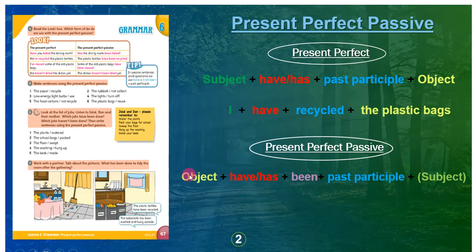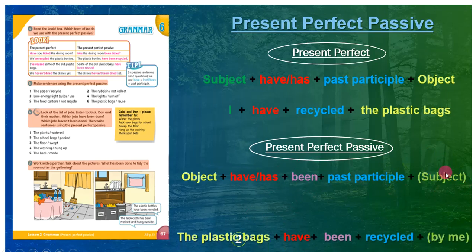So I will start with the object, has or have. Between has or have and the past participle, there will be been. So has, have, plus been, plus the past participle, and finally the subject. As we said, it's not important. You can put it in the sentence or you can just delete it.